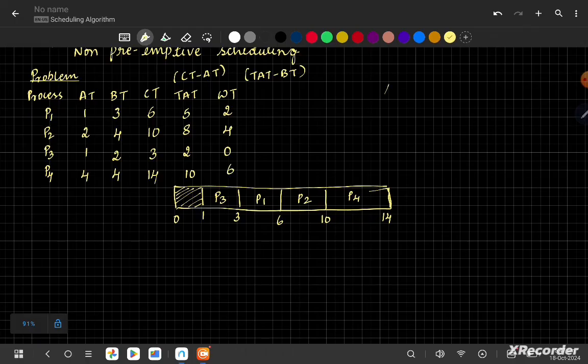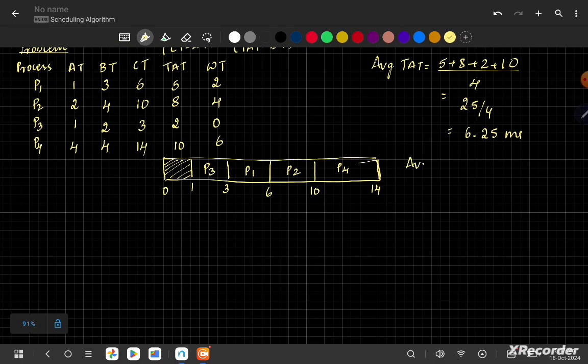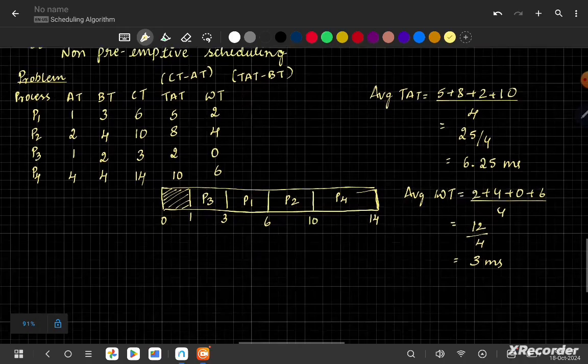We have to calculate average turnaround time. 5 plus 8 plus 2 plus 10 divided by 4, because the number of processes is 4 here. 25 divided by 4, the answer will be 6.25 milliseconds. Average waiting time would be 2 plus 4 plus 0 plus 6 divided by 4. The answer will be 12 divided by 4, which is 3 milliseconds.